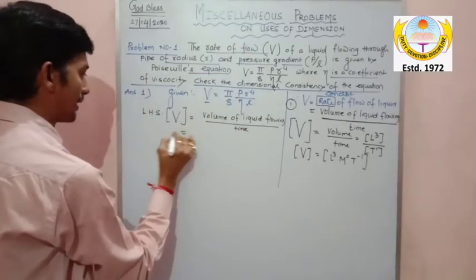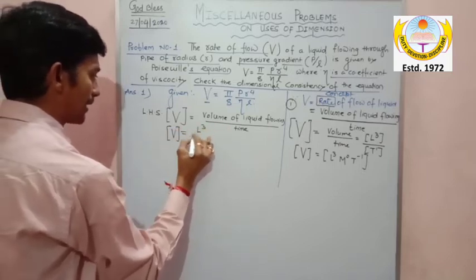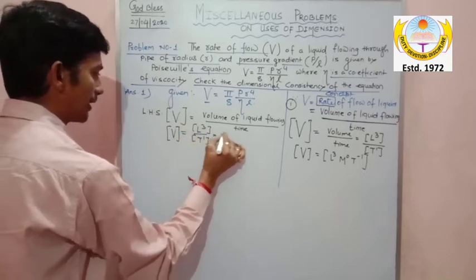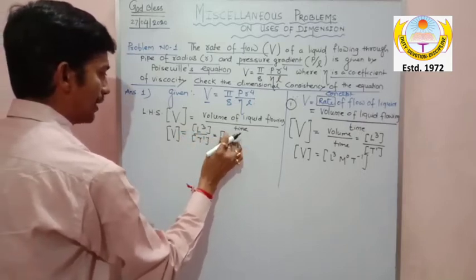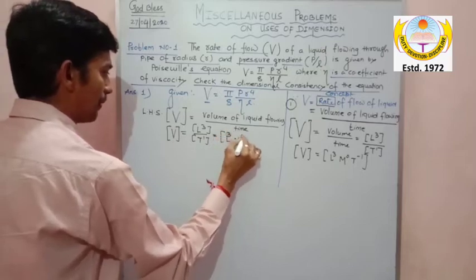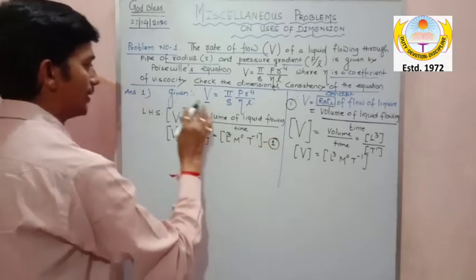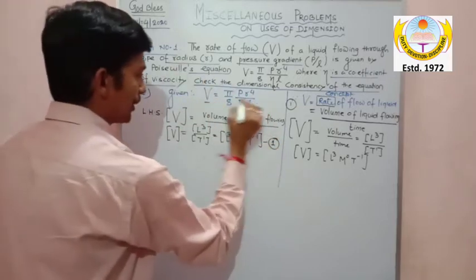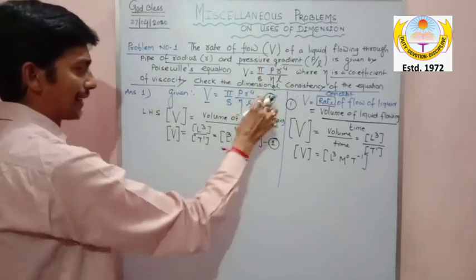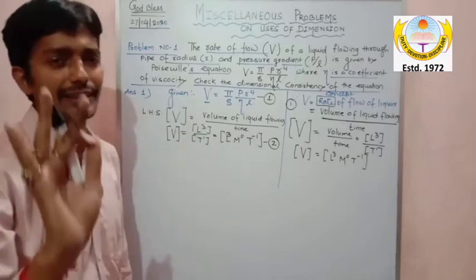And therefore, my dear, this will become V is equal to volume L power 3 by T power 1. This is the dimension. So here the entire dimension of the left hand side will be L power 3 M power 0 T power minus 1. I will put this as equation number 2. Sorry, put your question as equation 1, the question which is given, and put this as equation 2. I hope the first concept is clear.